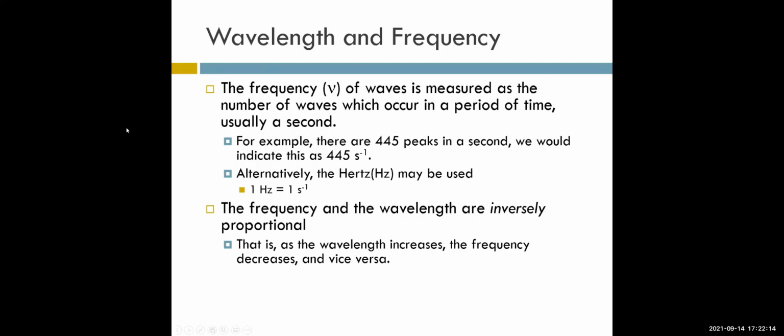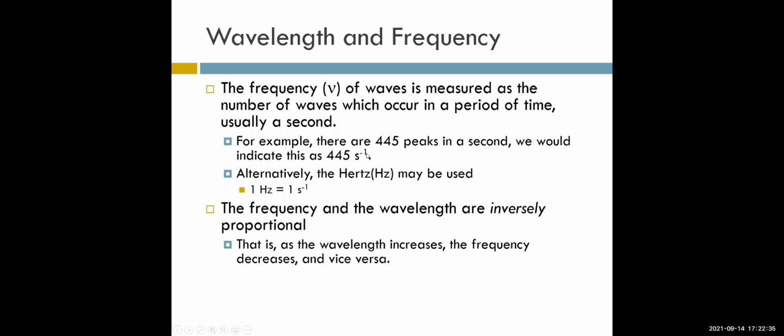So for example, let's say we're looking at waves going through some kind of a gate, and you have special equipment that can detect this. Say we counted the peaks of 445 waves in a second. The frequency would be 445 per second.